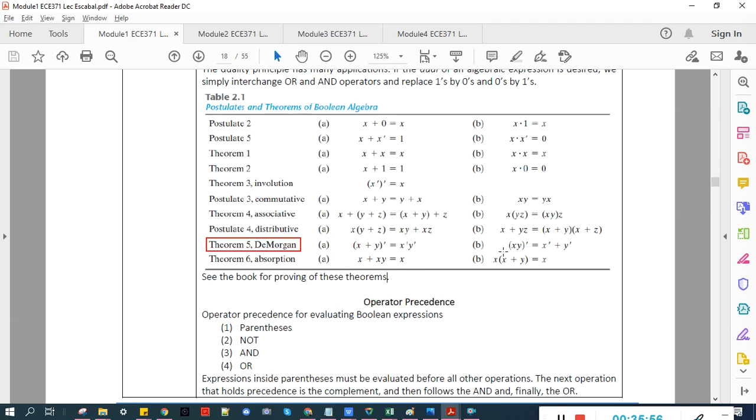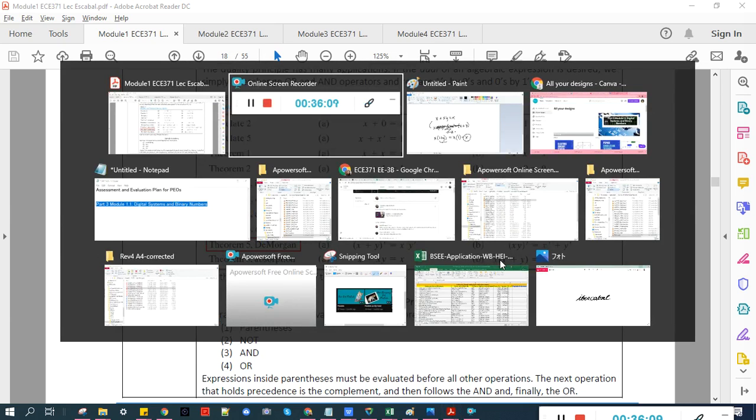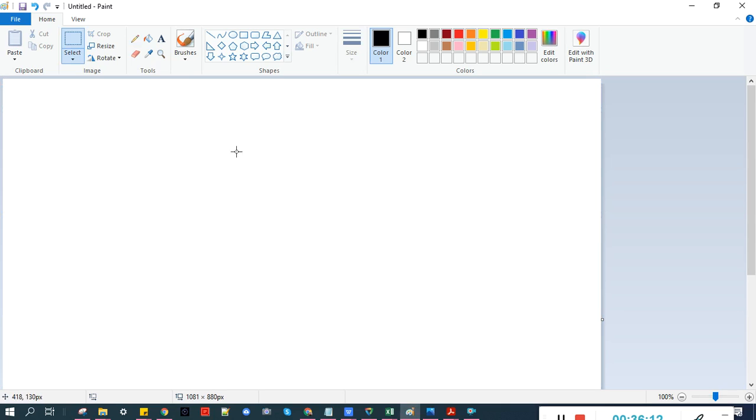Then for the other one, x ANDed with x or y is equal to x.